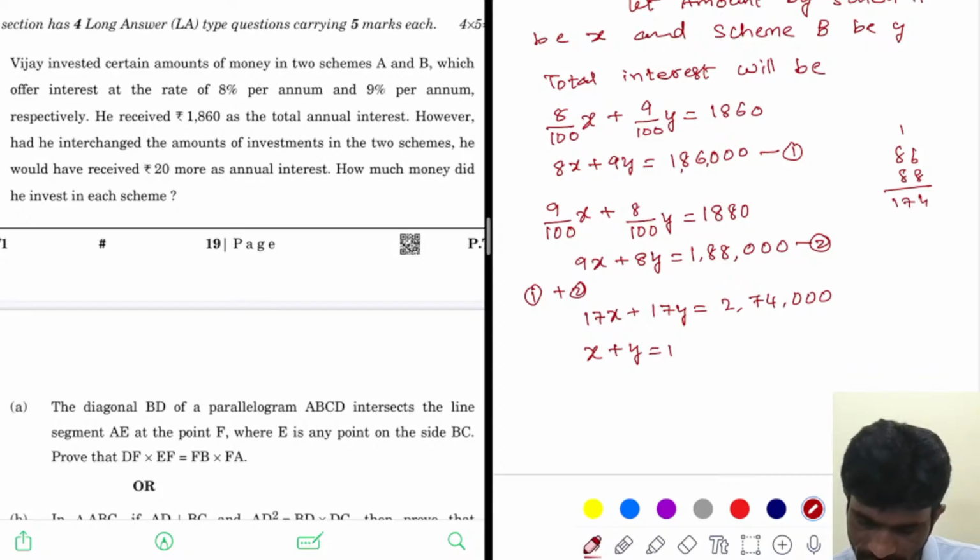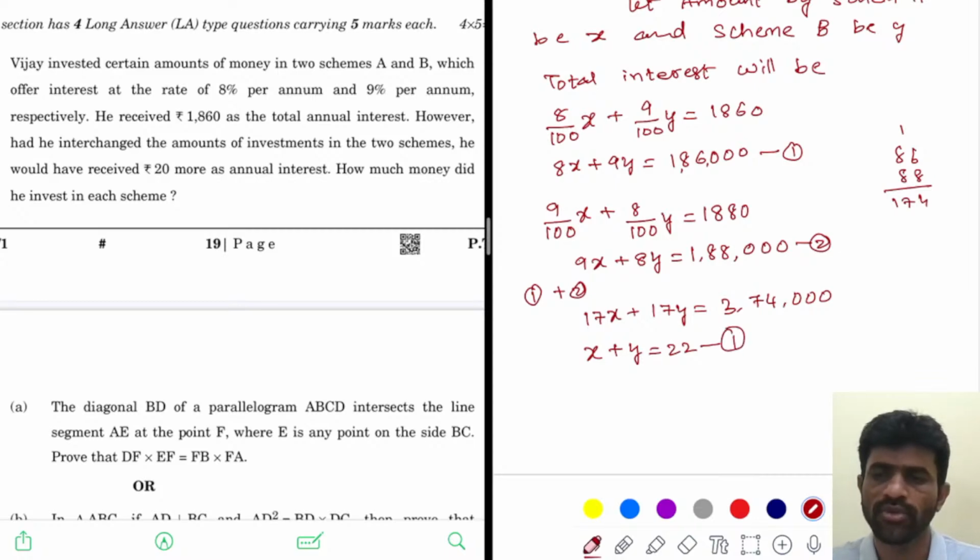When you divide this by 17, after cancellation you get exactly 22. So this is going to be 22,000. This is equation 1.